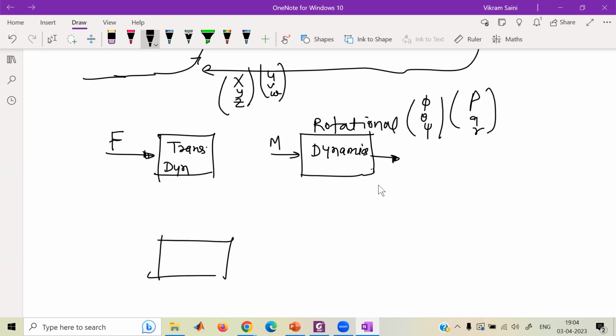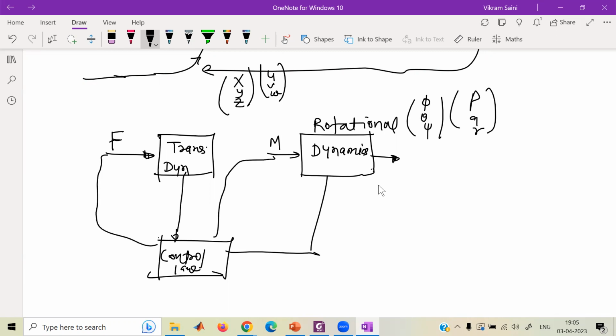You have a control law here. This control law takes feedback from here and from here, and then computes moments and computes forces. It gives them to the translation dynamics also. So that's how you fly an aircraft.